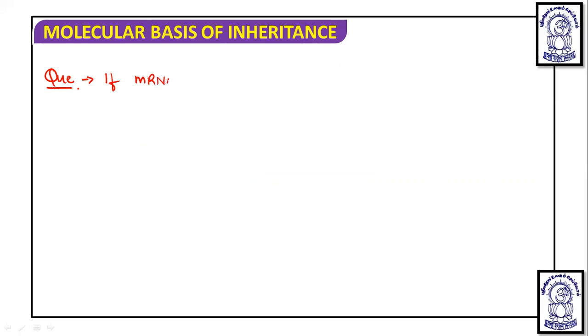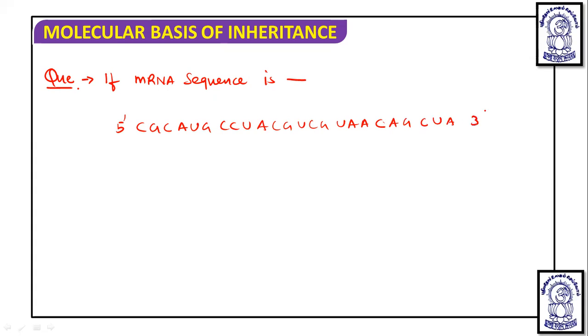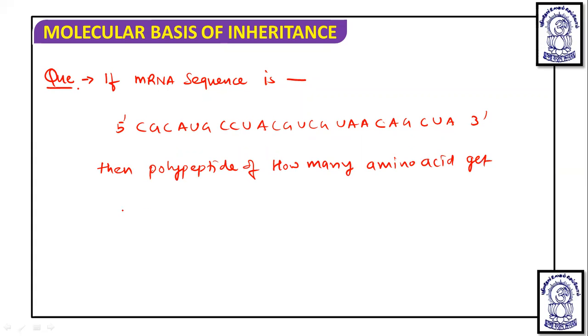If the mRNA sequence is this, then a polypeptide of how many amino acids gets coded by this mRNA?